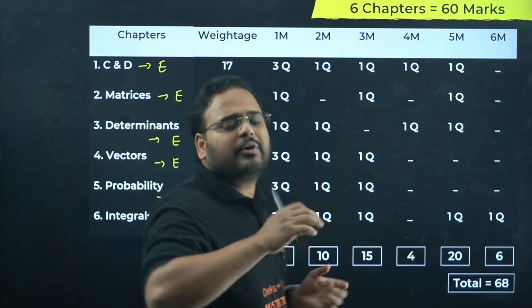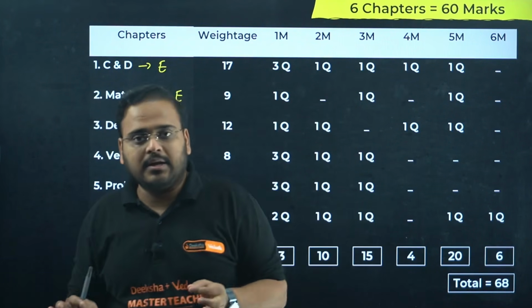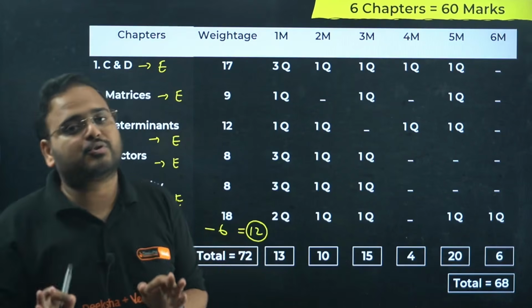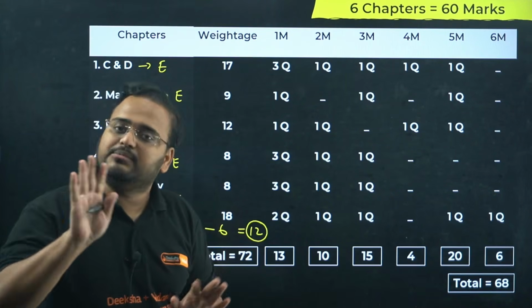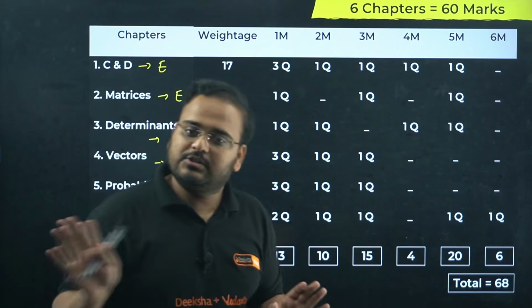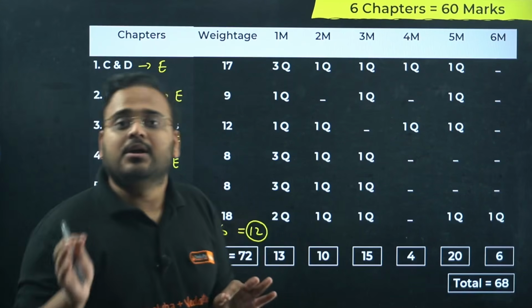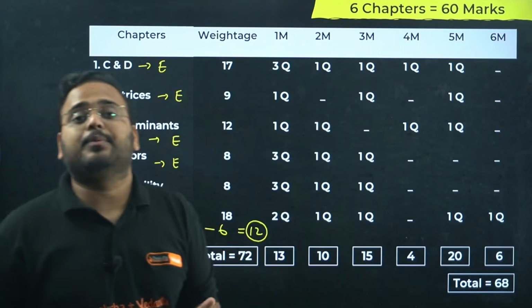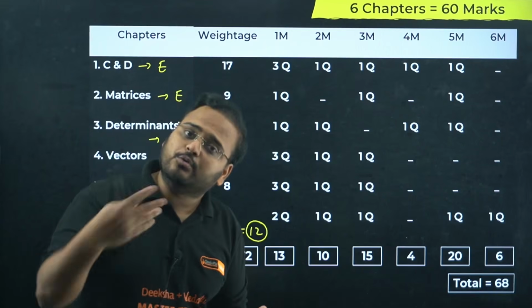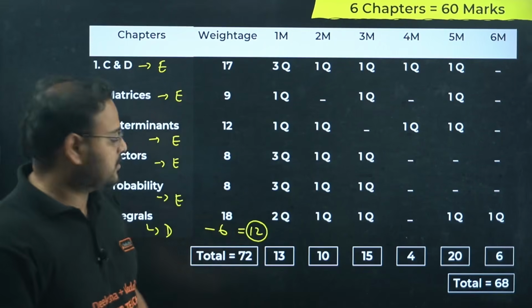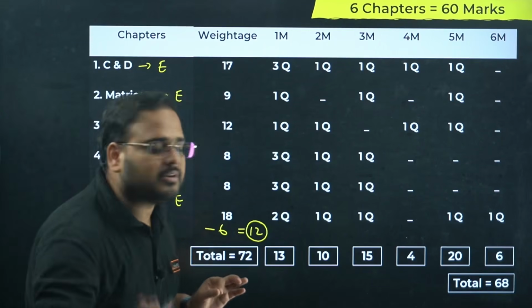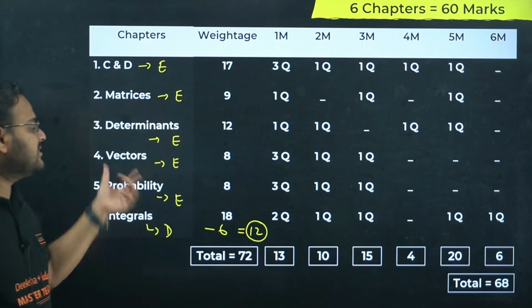And one thing is for very sure, if you are following my guidance properly, I'll help you score not only 13 but full marks in MCQs. That is a must. It's going to happen. Just follow my class, follow my live sessions for MCQs, take my inputs when I'm asking you to prepare MCQ tricks. When you do that, you'll end up with a full score in MCQs. So still, let's say forget about full marks, you can get 13 out of these 6 chapters.